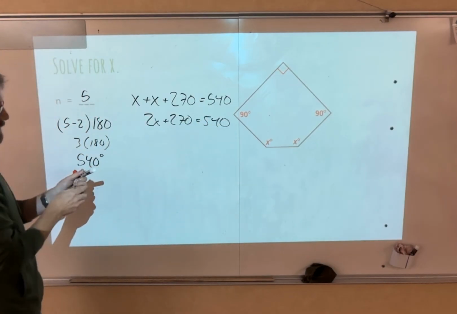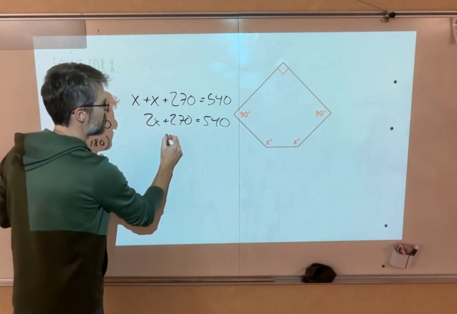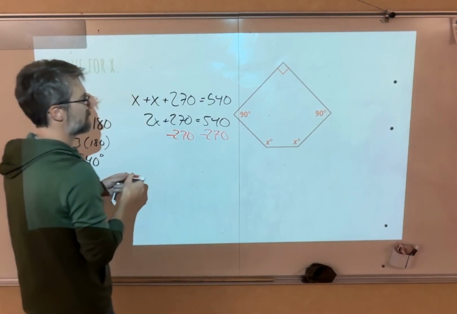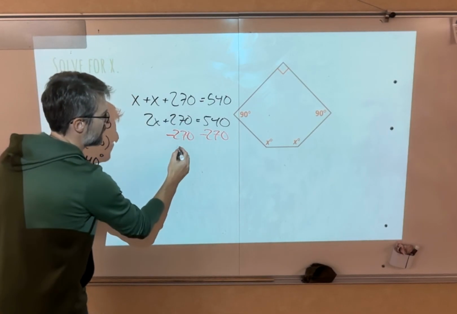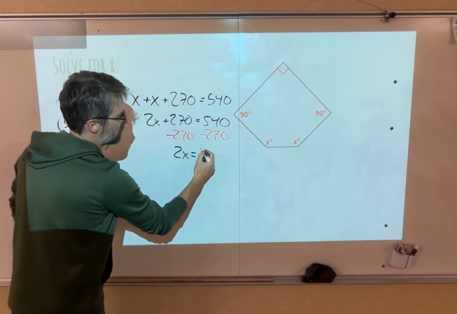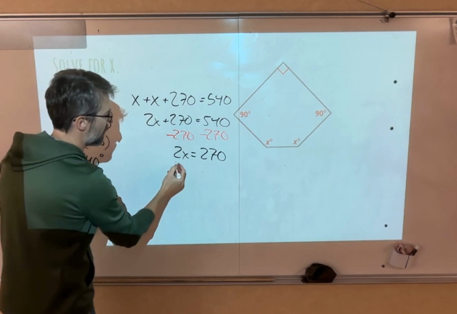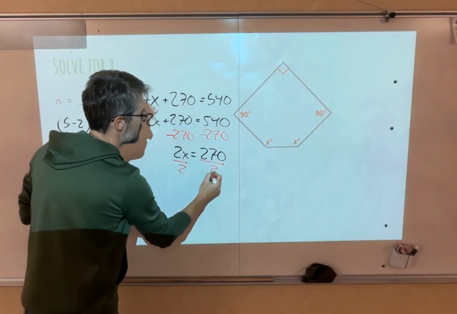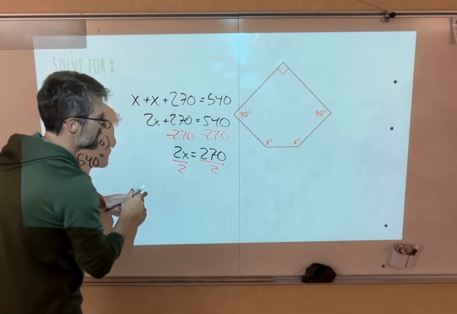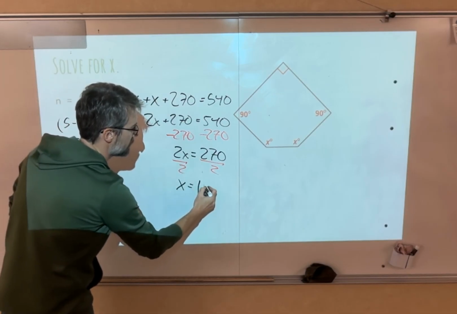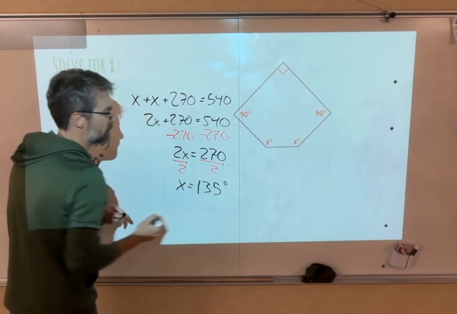Now we can solve this. We subtract 270 from both sides, and we get 2x is equal to 270. Then if we divide both sides by 2, each of those angles on the bottom, half of 270, is equal to 135 degrees.